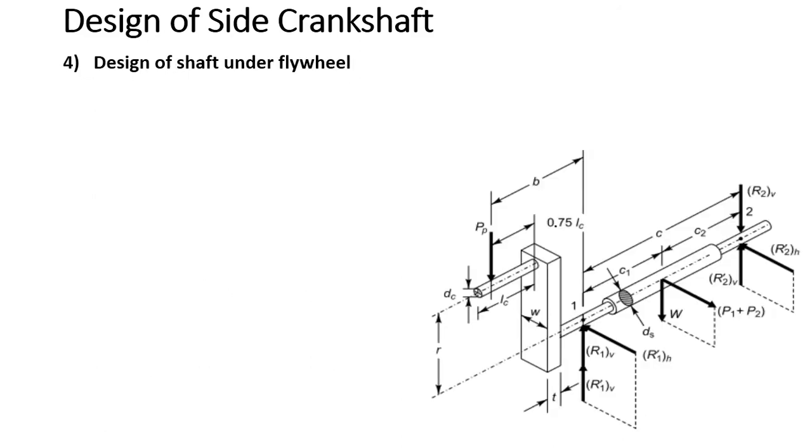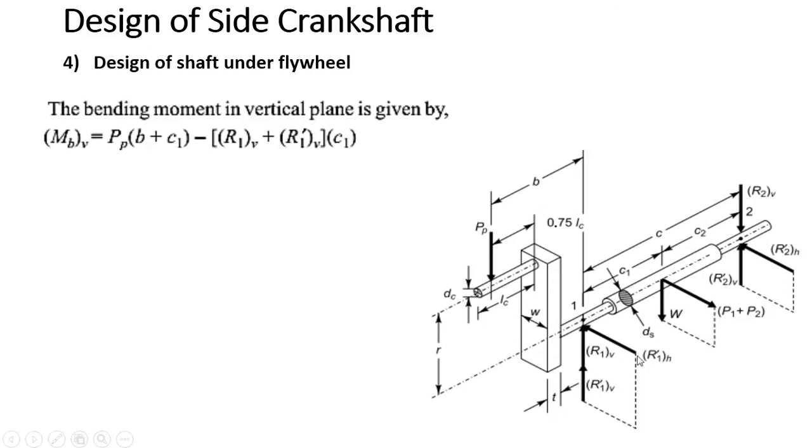The last part of this side crankshaft is the flywheel part. Now in the flywheel again we have two different types of loads, W and P1 plus P2. The moment because of this W will give you the vertical component of the moment, and the moment because of this P1 plus P2 will give you the horizontal component of the moment, and you will find out the resultant moment. So the bending moment in the vertical plane, MBV, will be equal to the force PP into B plus C1, because we are talking about this W, so we can consider the overhang case.